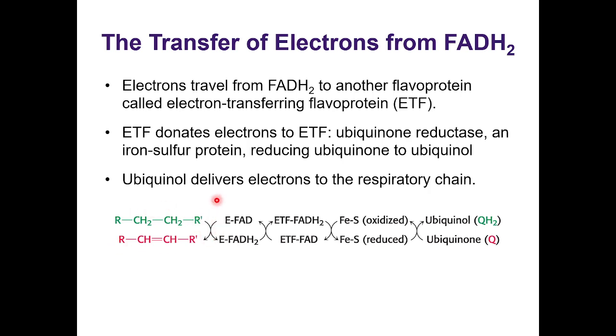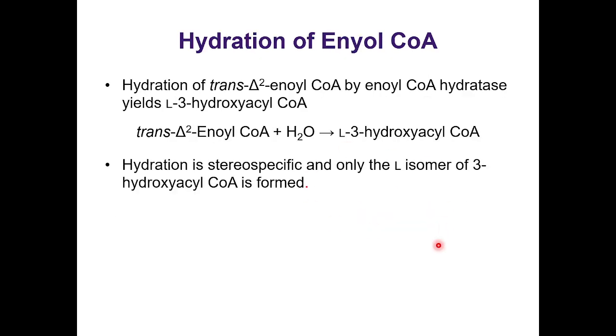Again, that's that oxidation. This is the FAD right here. The FADH2 is going to then transfer to the ETF FAD. That's going to be the next carrier. This is going to transfer off onto our iron sulfur complexes, which you may remember from the previous respiratory chain, right? And then that's going to transfer off onto our ubiquinone, Q pool.